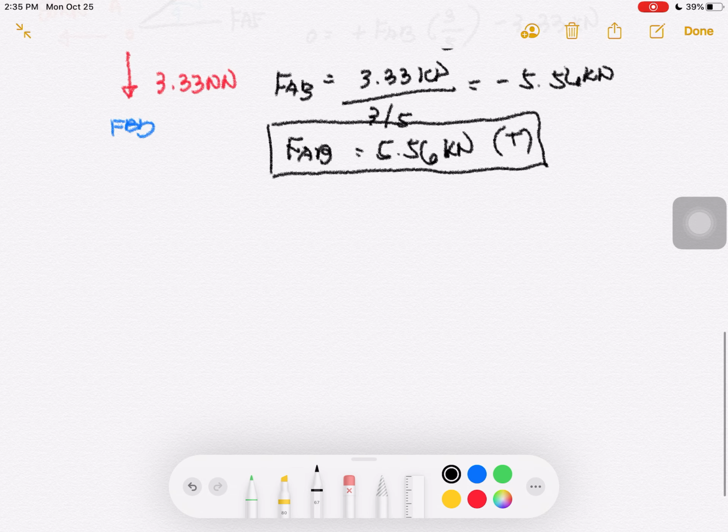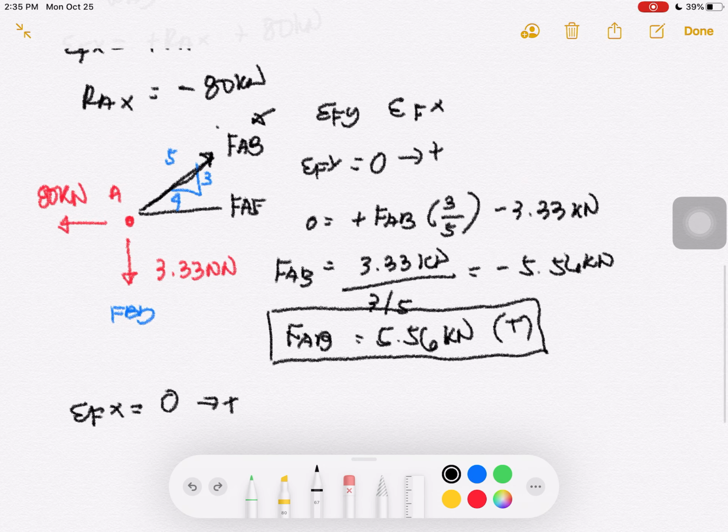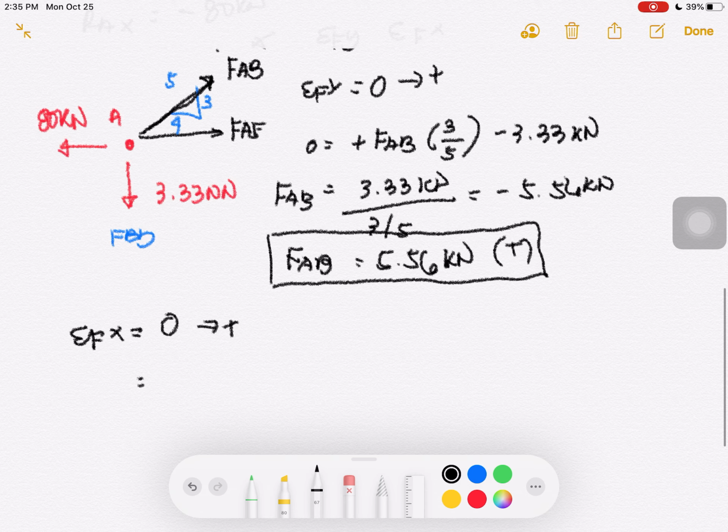Next, summation of forces along X equals 0, going right positive. Ano yung force? FAE. Positive FAE. Positive. You could now convert that to negative. Kasi kung ano na siya, no?